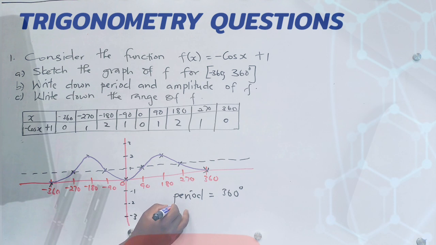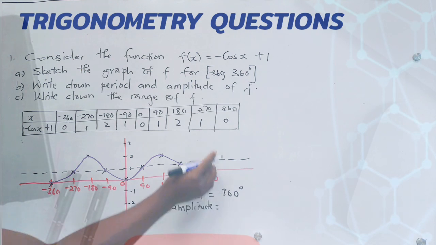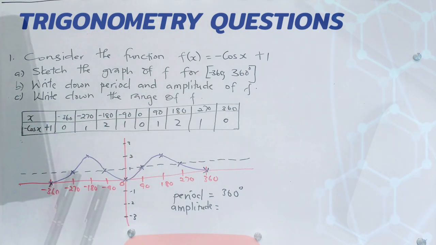Then our amplitude: we check this one, there is minus 1, but whether the sign is negative or positive, your answer stays positive, because amplitude is a distance, and you can't measure distance in negative units, so we just keep it positive. So our amplitude is 1.